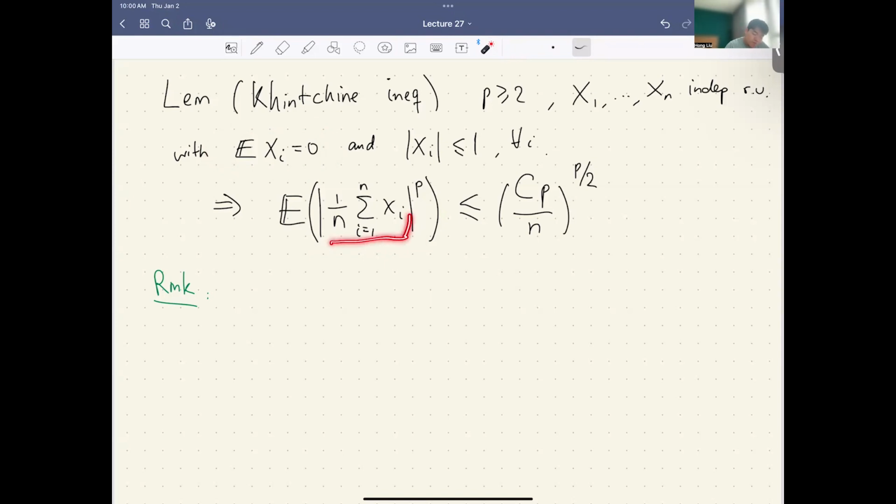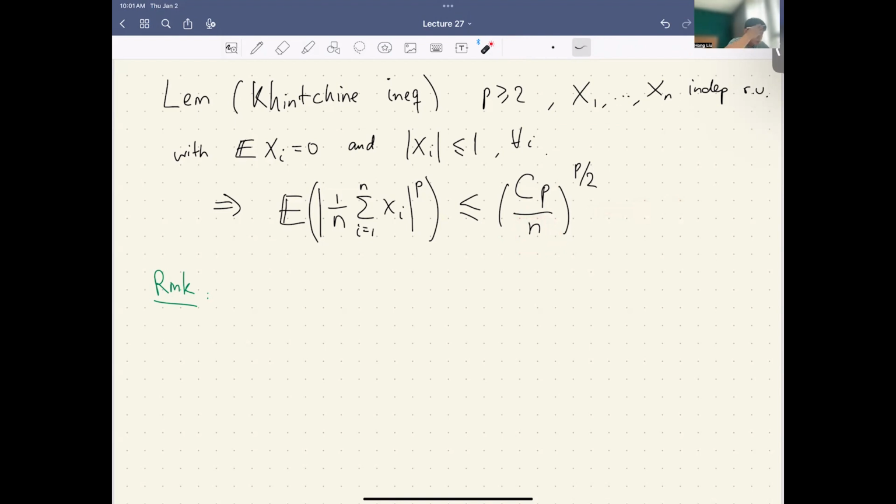So the average of them, again, their expectation, their mean is 0. Now look at the average as a random variable, it has mean 0. Since it has mean 0, we would expect that its pth moment is also pretty close to 0, which is the case when n is sufficiently large. This is the sample size, right? Larger than p, this guy goes to 0. Okay.